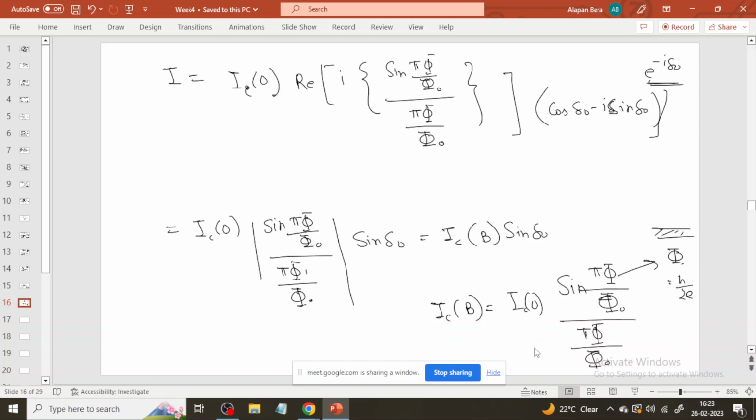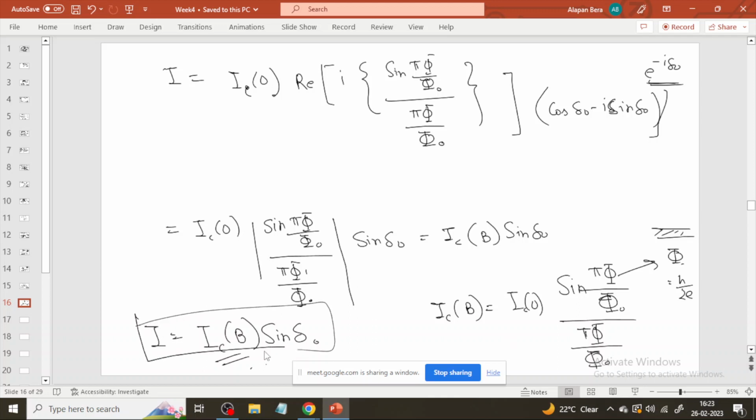So this is our final equation. We have got that the current in the presence of the magnetic field is changed like this. So the critical current is changed like this. This is our final answer.